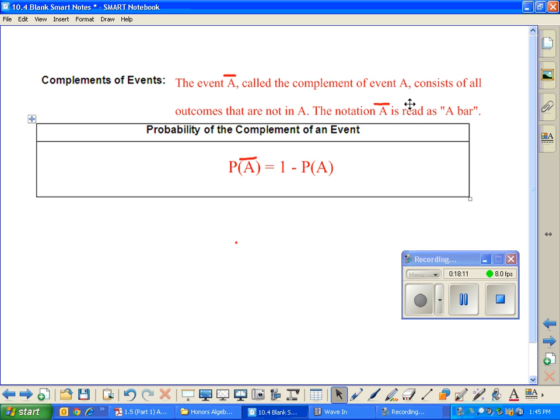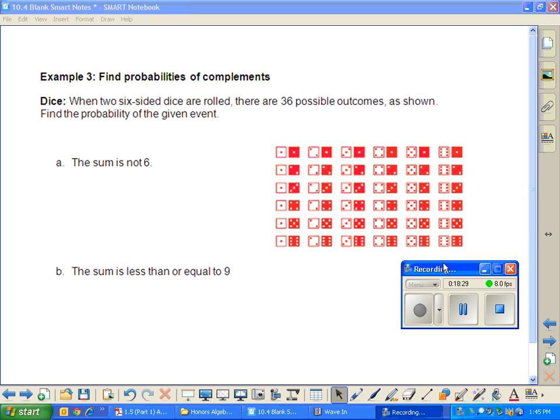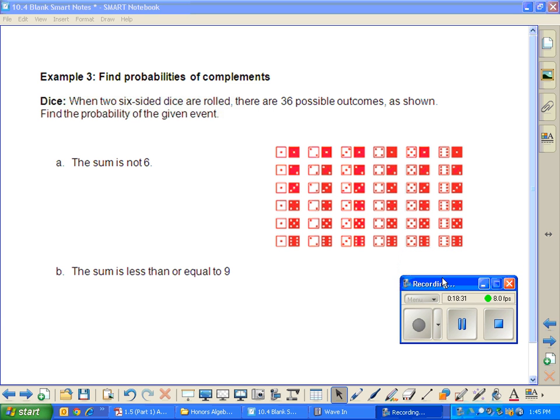So what we're going to do now, we're going to go ahead and do one example with complements. Make sure everyone has that. Okay? Alrighty. We have 2 6-sided dice that are rolled, and when you do that, there are 36 possible outcomes shown right there for you.